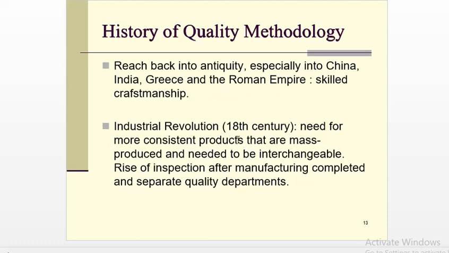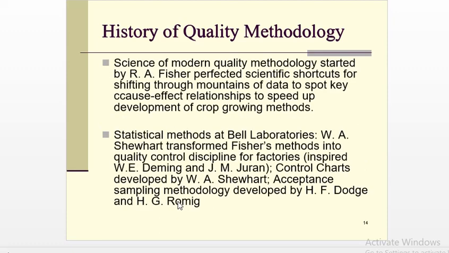Then the industrial revolution in the 18th century brought the need for more consistent products that needed to be interchangeable, the rise of inspection after manufacturing, and a separate quality department. So this is the methodology of quality.